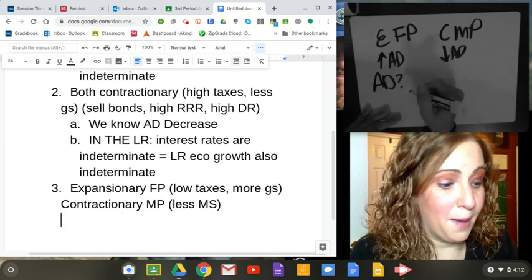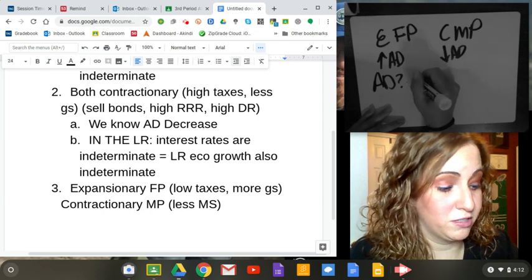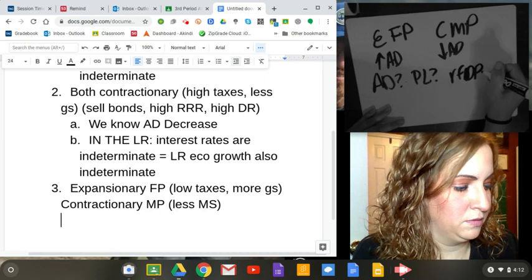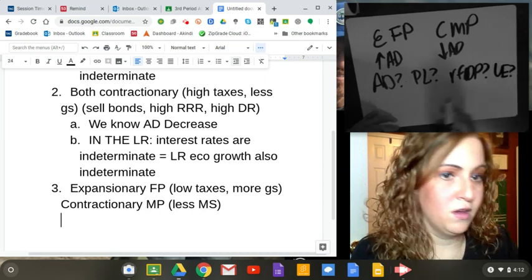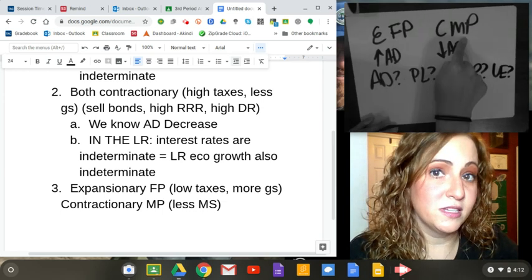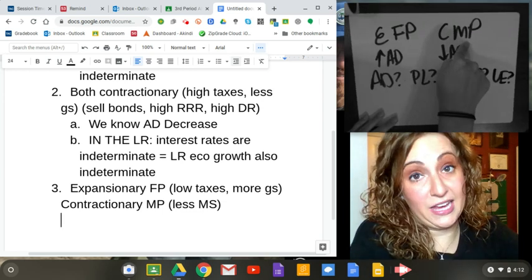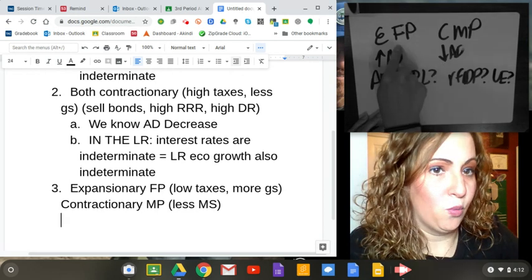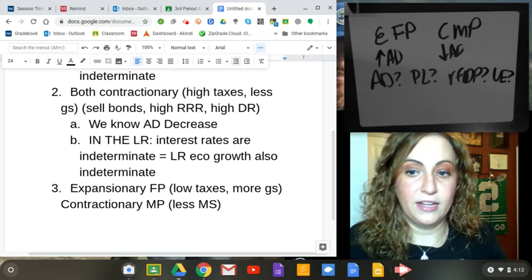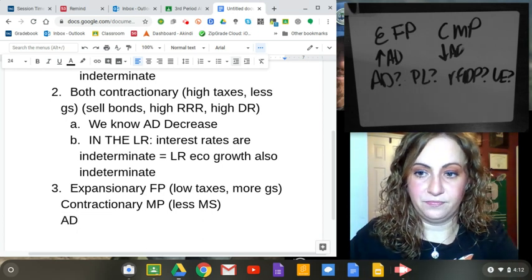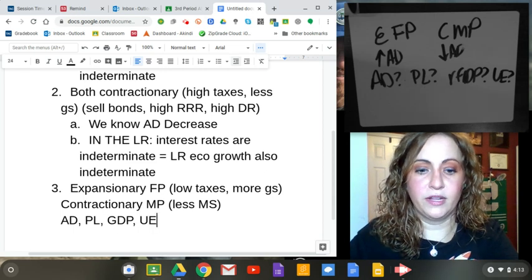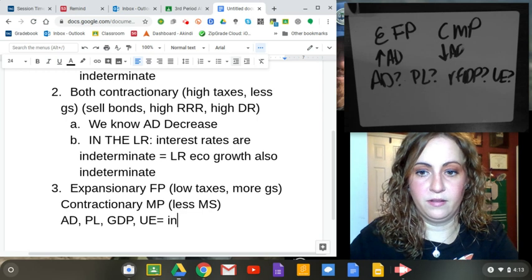And anything affected by aggregate demand, like price level or real GDP or the unemployment rate, is now indeterminate, because I have no idea which of these policies has a bigger effect or if they completely cancel each other out. One's expansionary, one's contractionary. I don't know which direction aggregate demand is going to go. And so AD, price level, GDP, and unemployment rates are now all indeterminate.